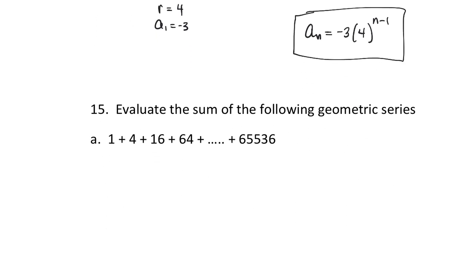Now, 15, evaluate the sum of the following geometric series. So this is a partial sum because it has a beginning value and an ending value. So we need to use the partial sum formula for a geometric series.